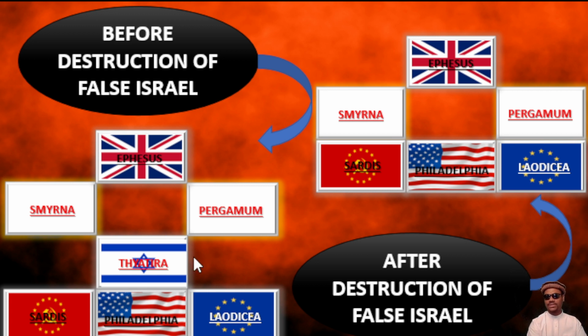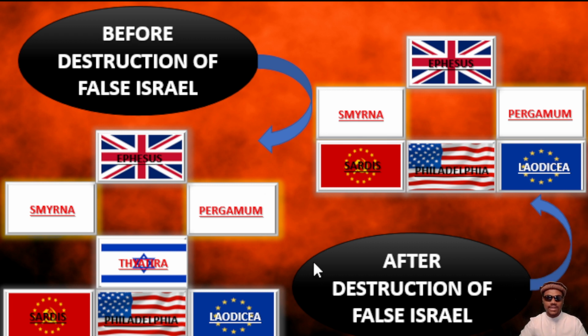If you understand the scriptures, the destruction of false Israel isn't supposed to happen because they're so-called Jesus people, right? They're so-called God's people, right? And you know the scriptures say that they're not supposed to be removed. That's an abomination. So with this information, that's a problem. You see what I'm saying?